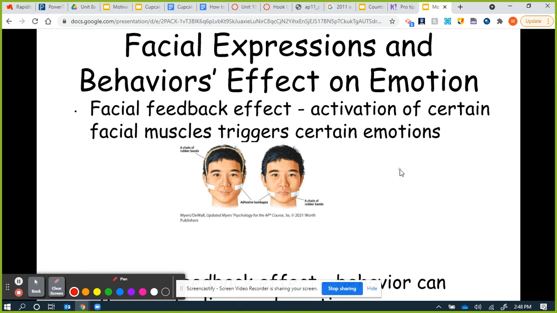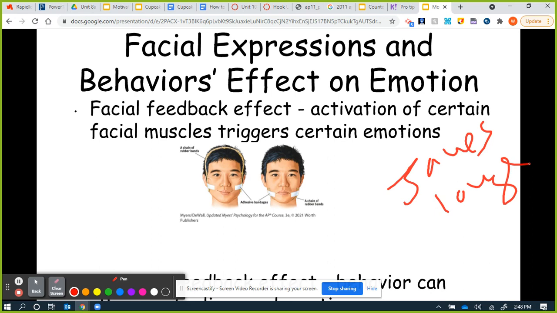Facial feedback effect. This is sort of what we could call support for James-Lange. What they have found is that through the activation of certain facial muscles, we can then feel a certain way.